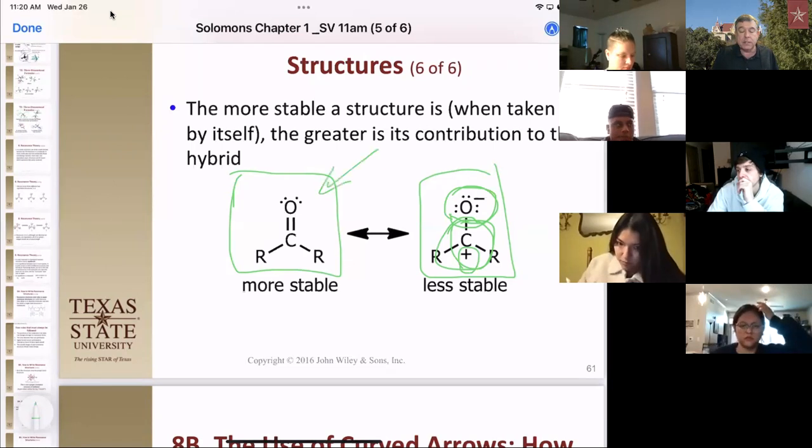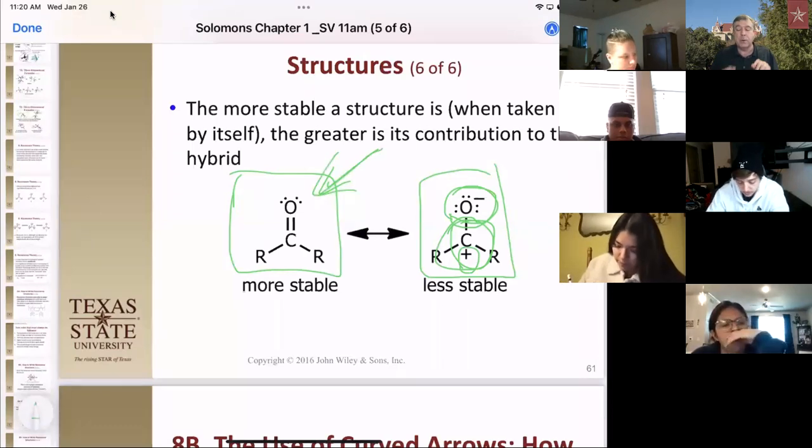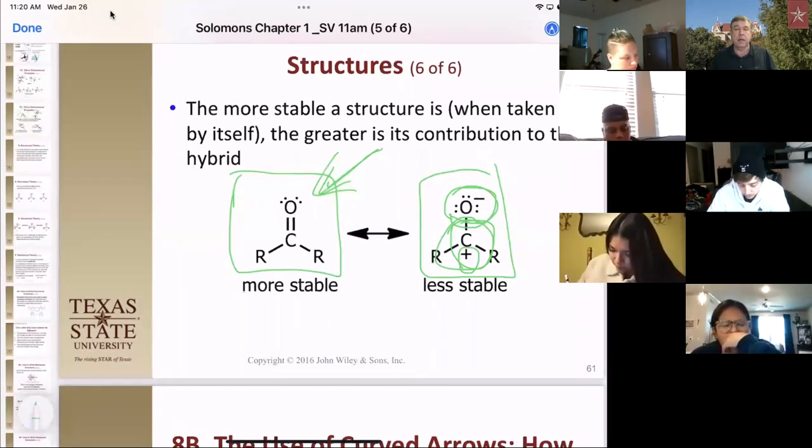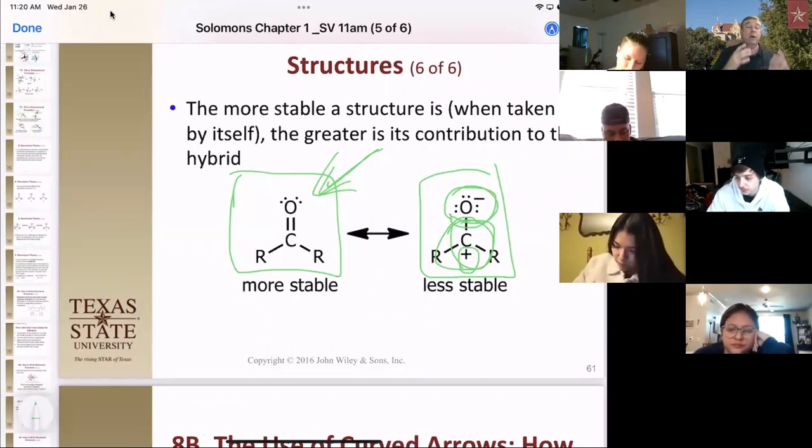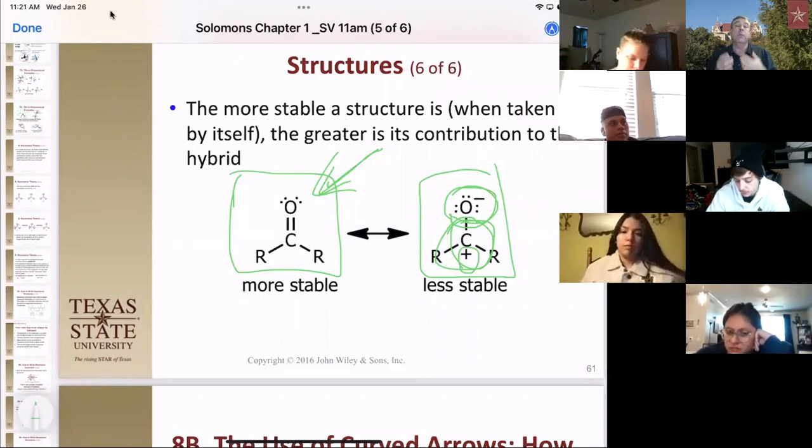It would look most like this. Again, we're not in equilibrium. It's not shifted to that one. It would just look most like this. So it is the greater contributor. The ones without charges, the ones with octets, are more stable, and therefore are the greater contributors to the hybrid.